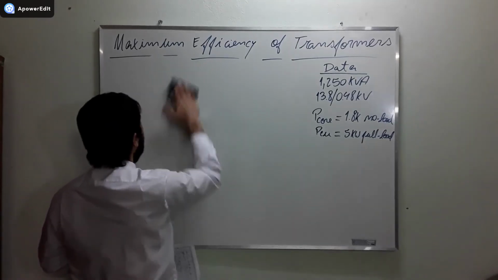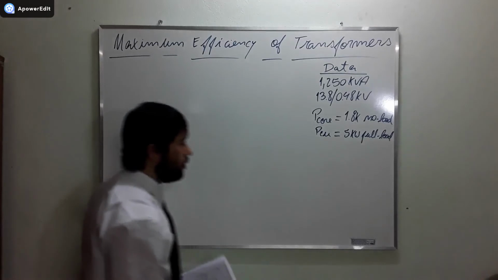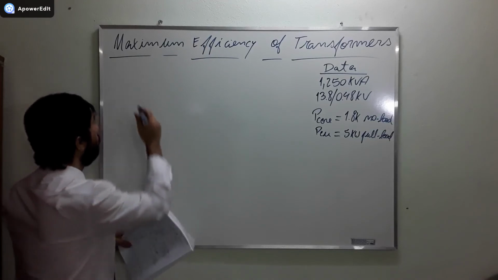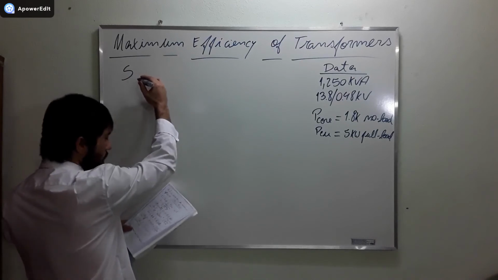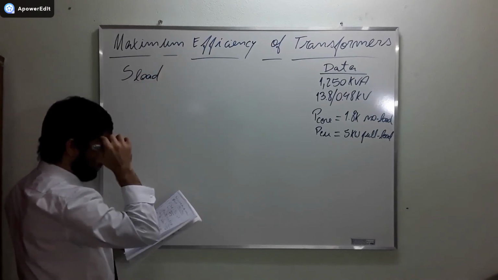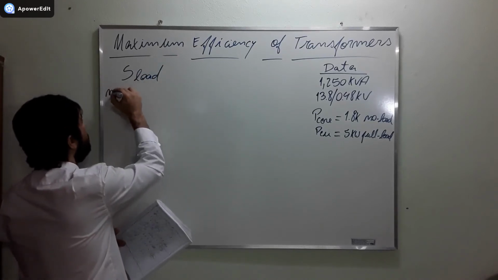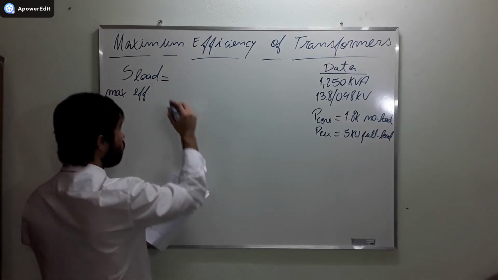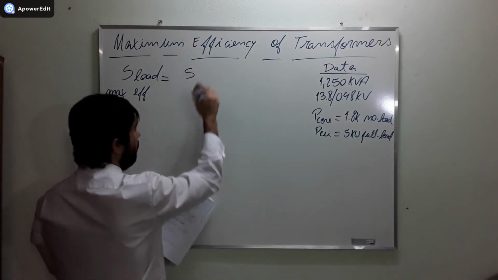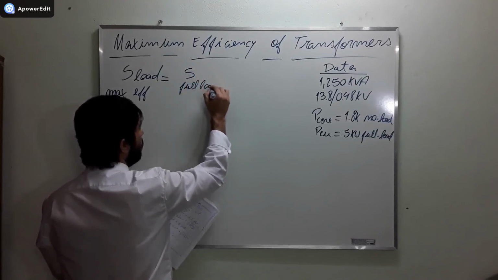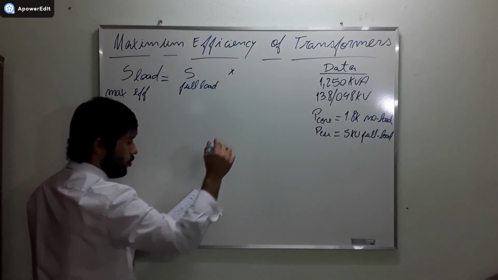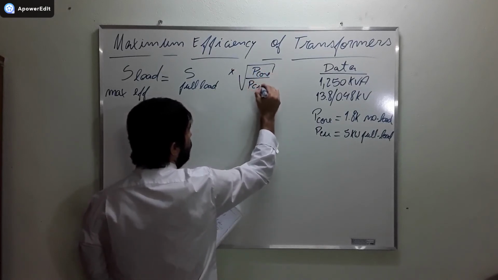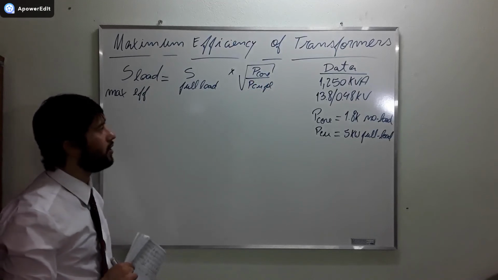The apparent power of the load that's going to make this transformer work in its maximum efficiency is going to be equal to the apparent power of the transformer at full load times that ratio that we discovered, P_core over P_CU,FL. Are you guys understanding everything?